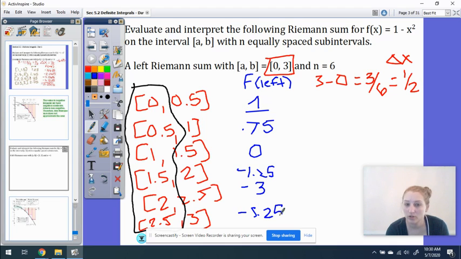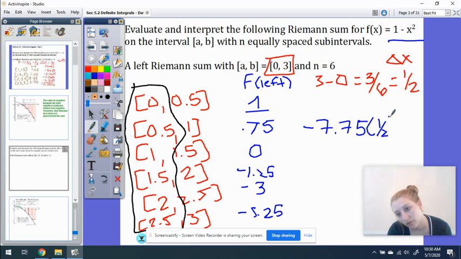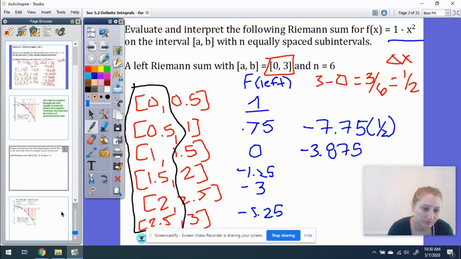Essentially, I did 1 minus each of the left values squared. I'm going to add them together, and that gives me negative 7.75. And we always multiply by our length, which is 1/2, so we get negative 3.875.